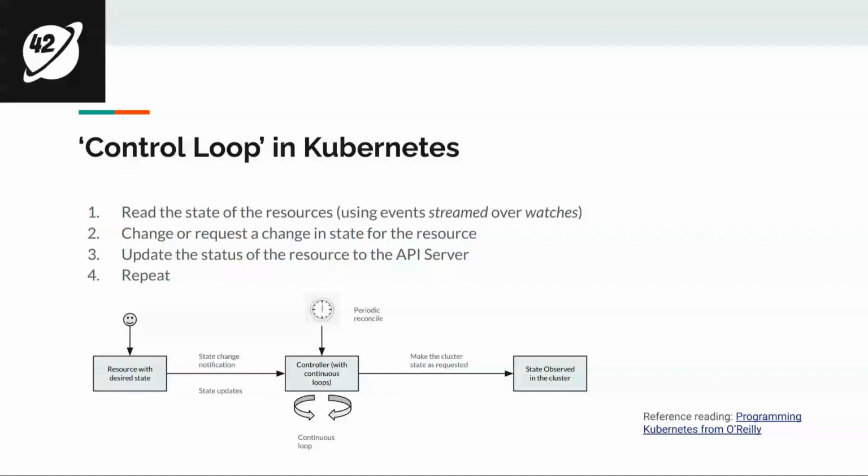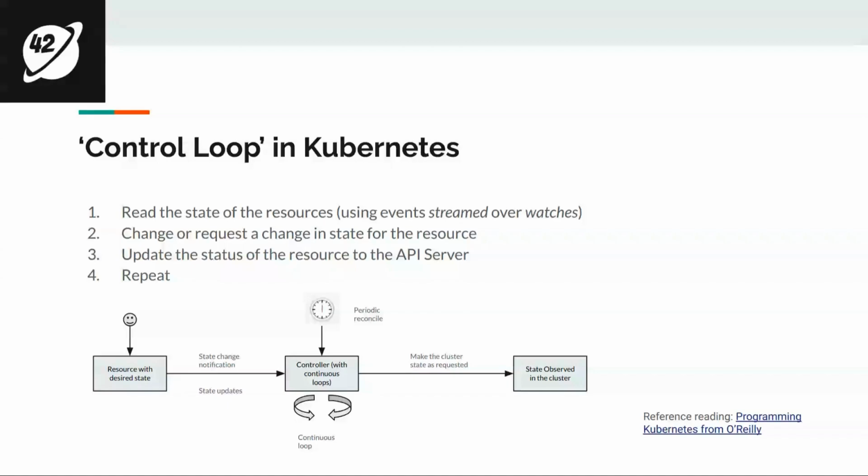So as we can see here, a pretty simple flow. You, as the cluster administrator or cluster user, apply the desired state. The control loop is executing continuously, watching for those resources being created, updated, deleted, modified, and takes a specific set of actions.